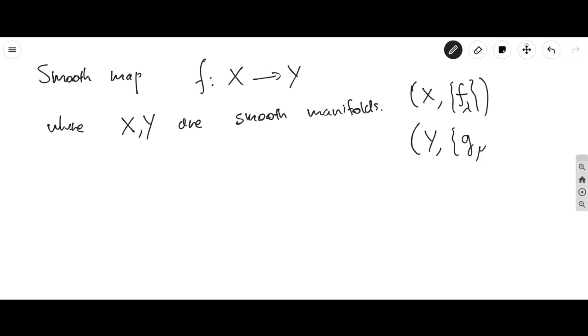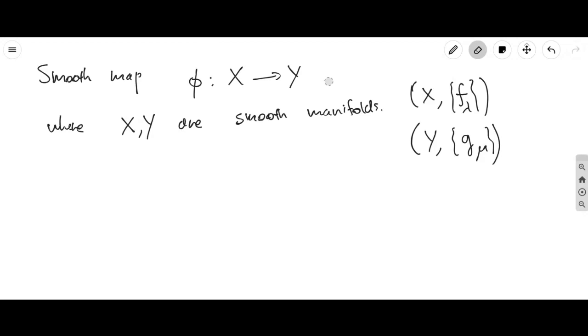Let's call it G mu. So x and y are smooth manifolds. Smooth manifold means it's a topological space together with an atlas, which is smooth. So you need to make that choice. Without making the choice of an atlas, you will not be able to define what it means to be a smooth map between two manifolds.